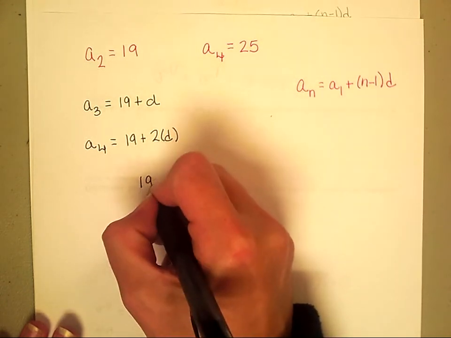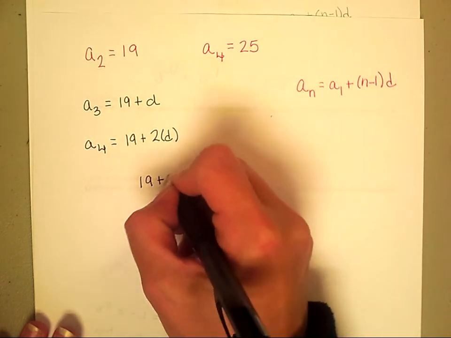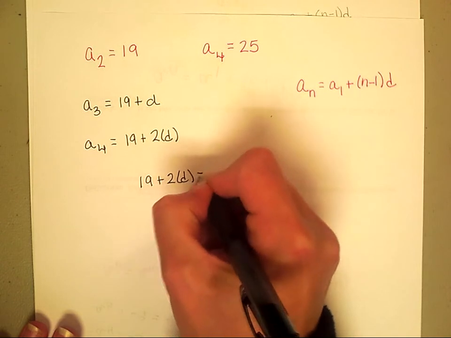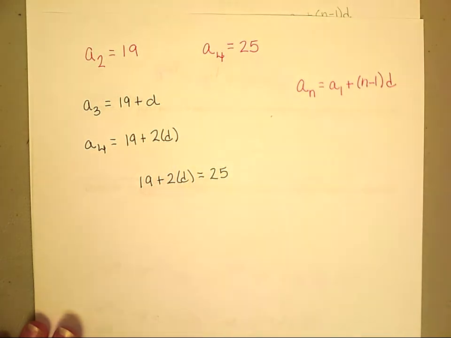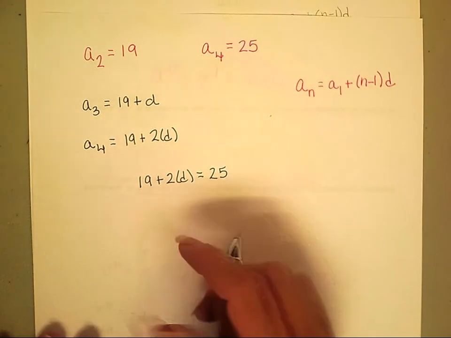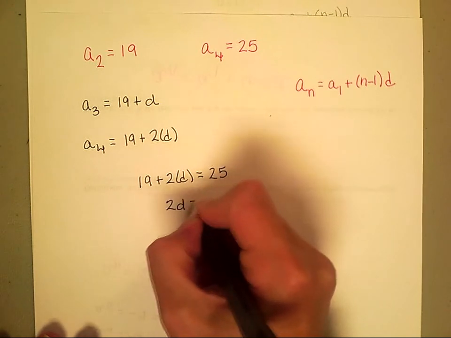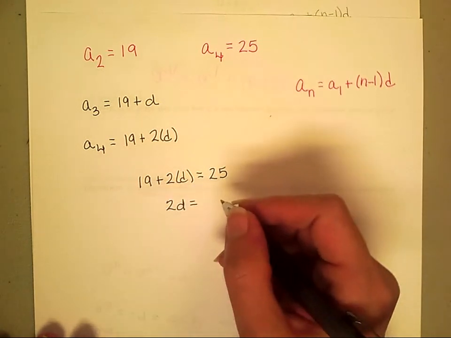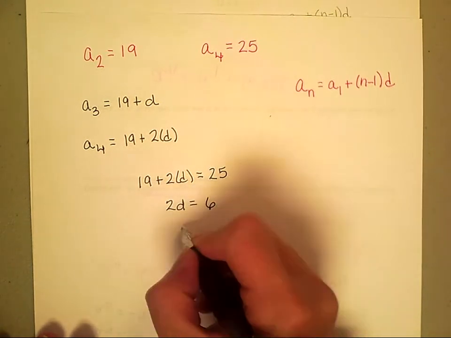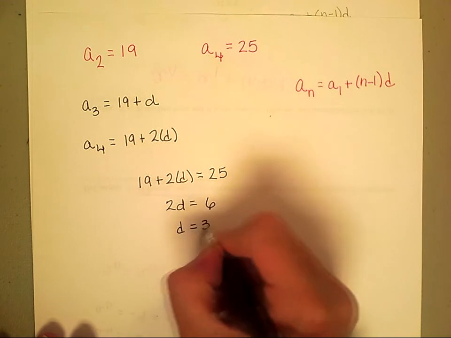So 19 plus 2 times the common difference is equal to 25. And now this is just a simple equation to solve. So 2 times the common difference, subtracting 19, will be 6, and dividing by 2, the common difference must be 3.